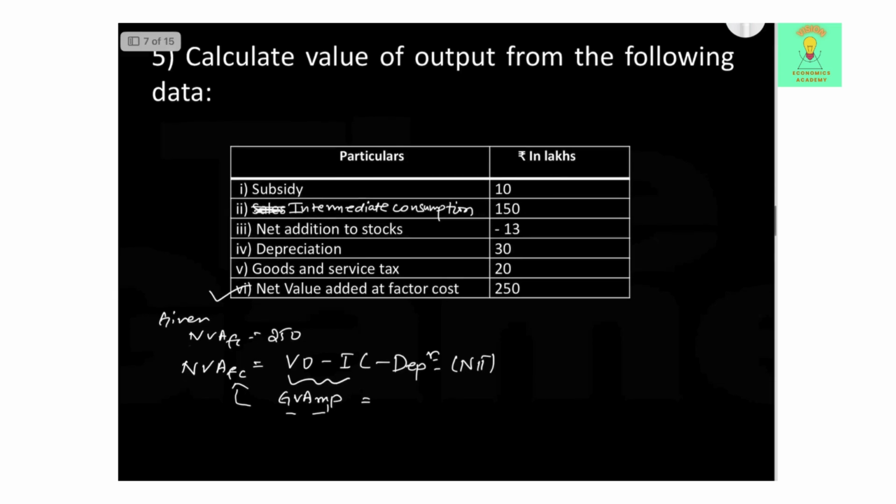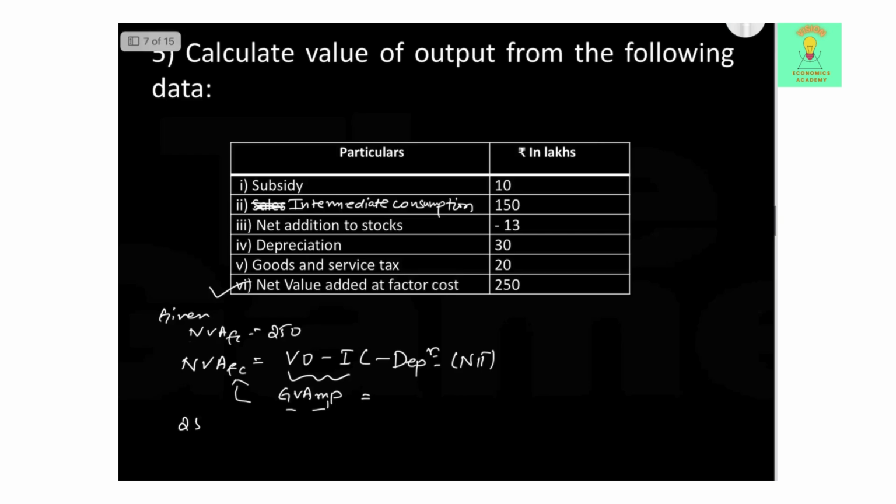So 250, which is the value of NVAFC, equals value of output, which is not given, we'll leave it VO only, minus intermediate consumption is 150, minus depreciation, which is consumption of fixed capital, depreciation is given 30.